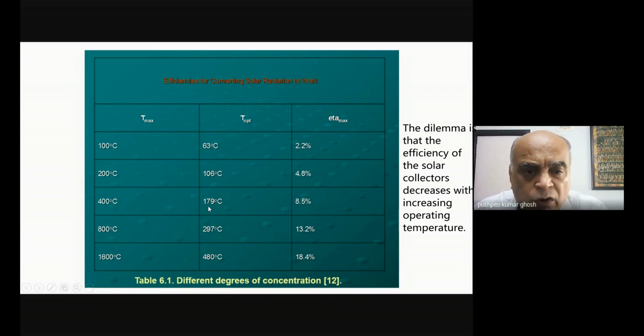Because if I don't, what's the point in doing all this and then having a thermal to electrical conversion efficiency of about 5%? So it would not make much sense.